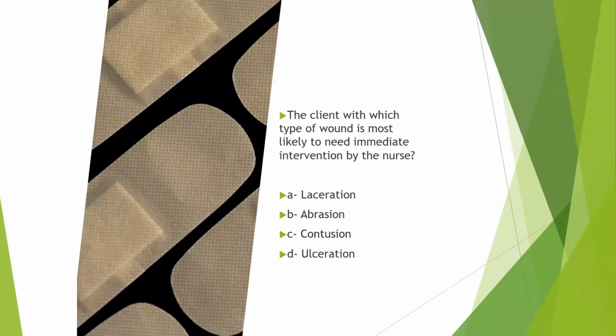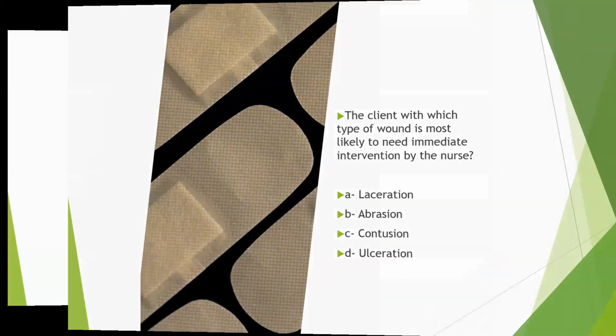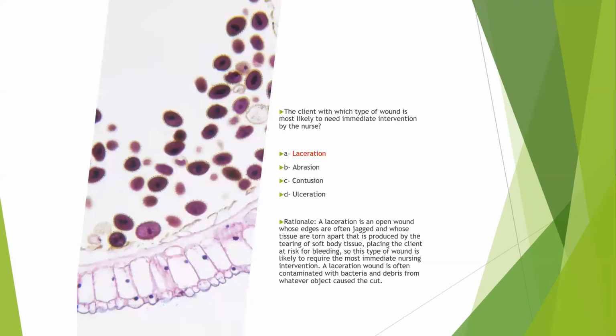The client with which type of wound is most likely to need immediate intervention by the nurse? Is it laceration, abrasion, contusion, or ulceration? A laceration is an open wound whose edges are often jagged and whose tissues are torn apart.